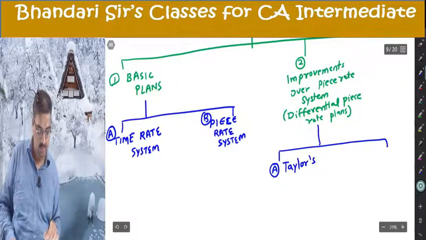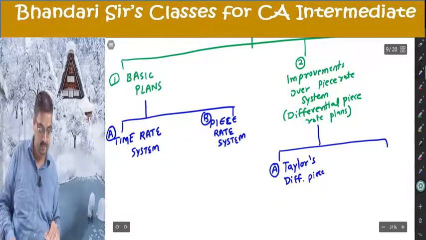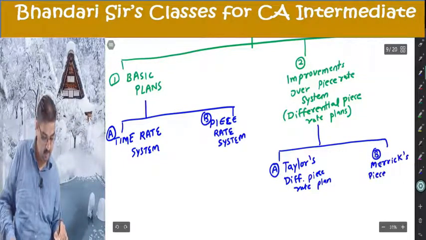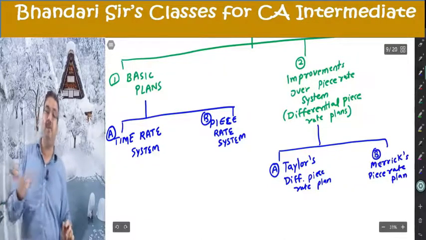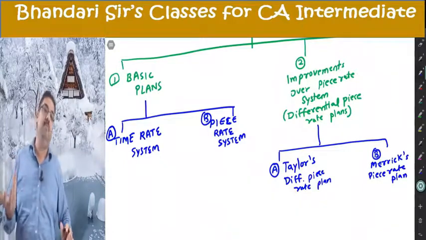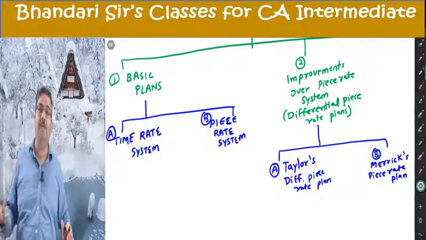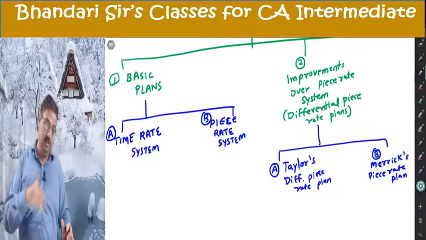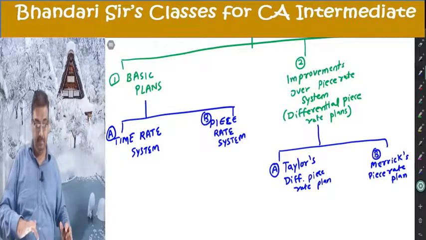Taylor's differential piece rate plan and Merrick's piece rate plan. They are based on different person's name. The Taylor is same, who is called father of scientific management, F.W. Taylor, Frederick Winslow Taylor. Another person, Merrick, is also there, which we will study.